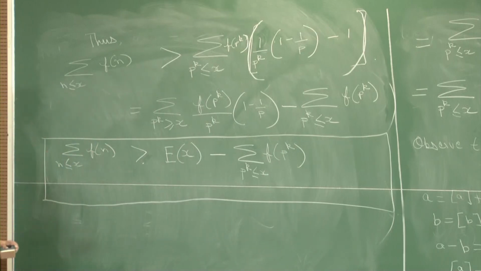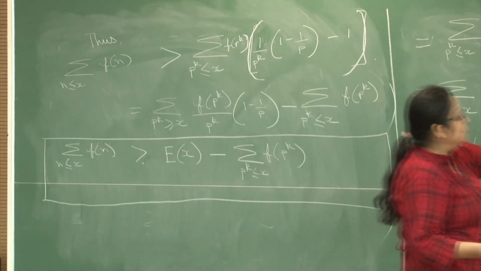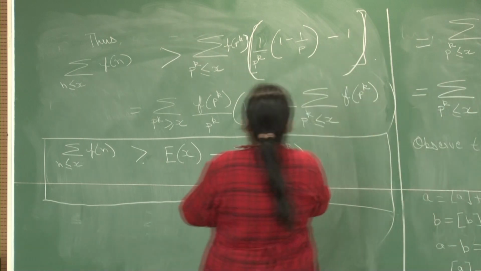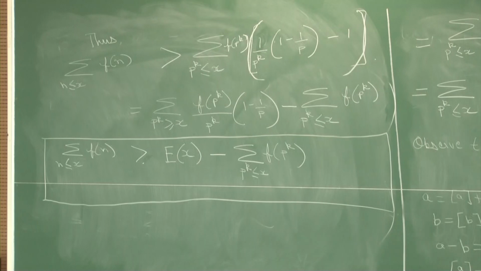This is also something that we will use. So we've got these two, an upper bound here and a lower bound as well. So, we are going to use that.